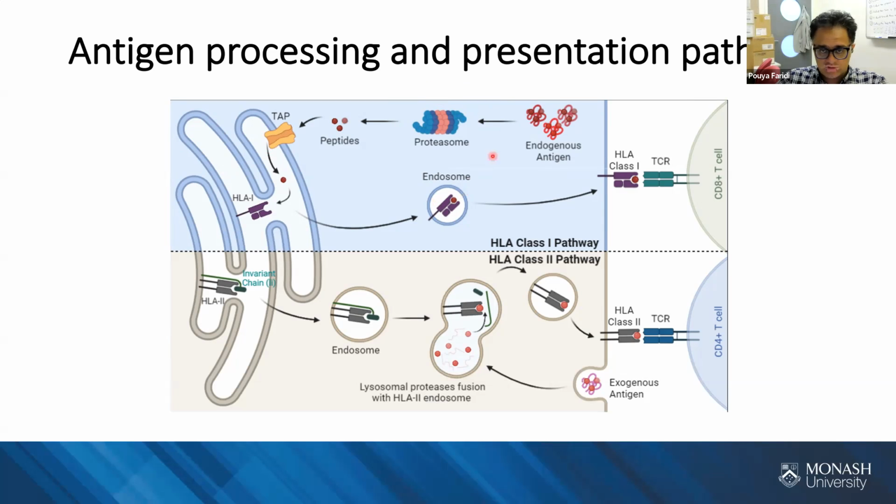The core protease here is the proteasome. The proteasome cuts these endogenous antigens into small peptides, and then these peptides make a complex with HLA molecules, HLA class 1 molecules, and this complex comes to the cell surface.